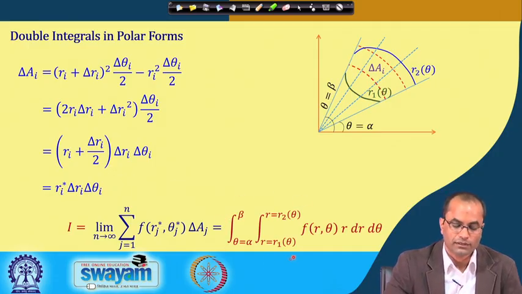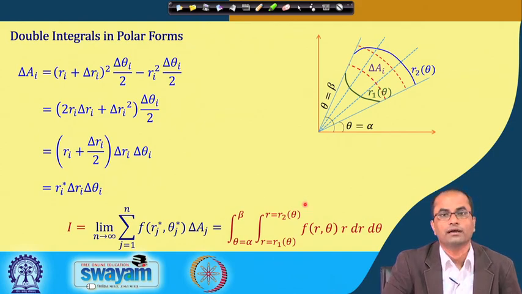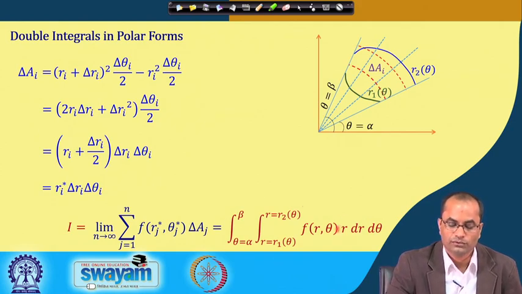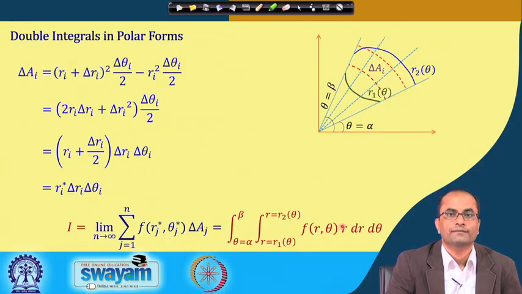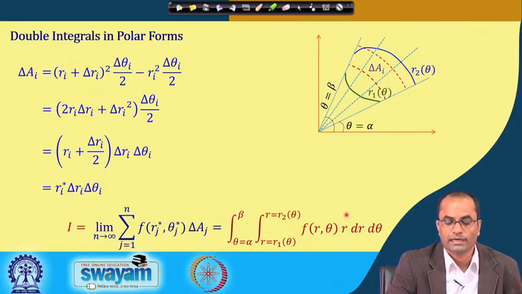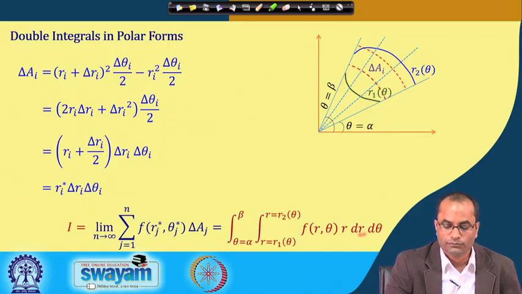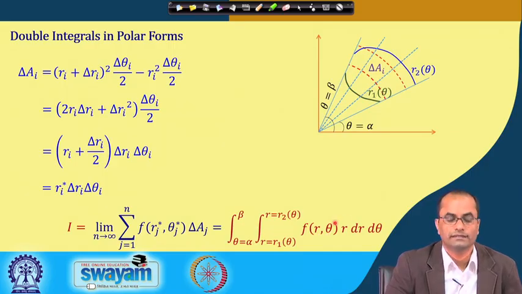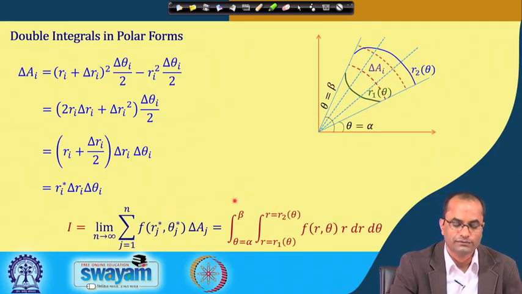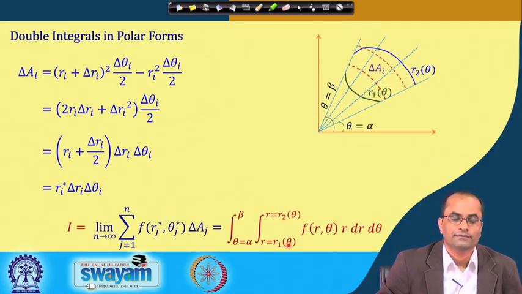So, these are the limits for r and theta, and what we should note is that this r factor has come as an extra in comparison to the Cartesian coordinates, where we used to have just simply dx and dy. So, here also we have the function evaluated at the coordinate (r, theta), and there will be the additional factor r and then dr d theta, and to cover the region we have to consider these ranges for theta and r.